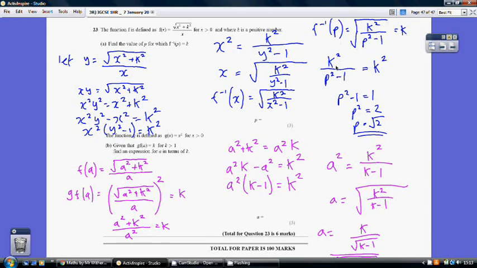So I've got k squared all over p squared minus 1 equaling k squared. Now in order for this to be true, I need this denominator to equal 1. Because when this is 1, k squared will equal k squared. So I need p squared minus 1 to equal 1. So I then choose to add 1 to both sides, square root, I get p equaling the square root of 2.